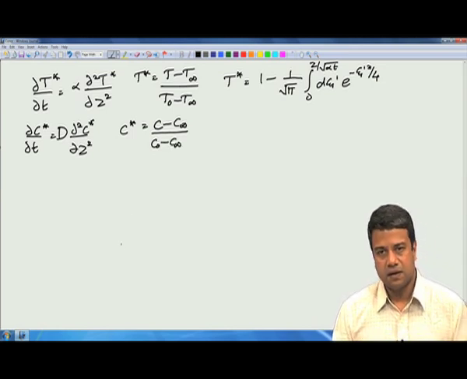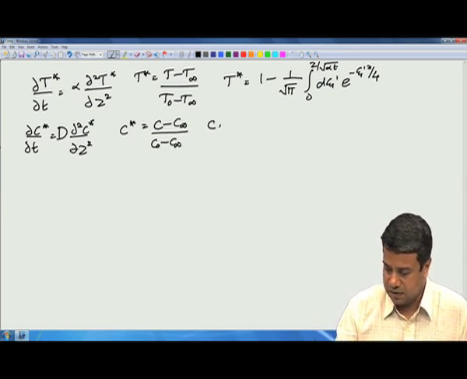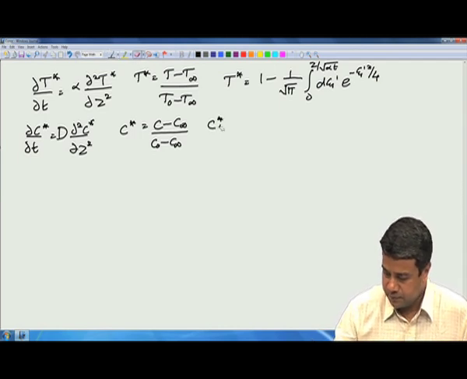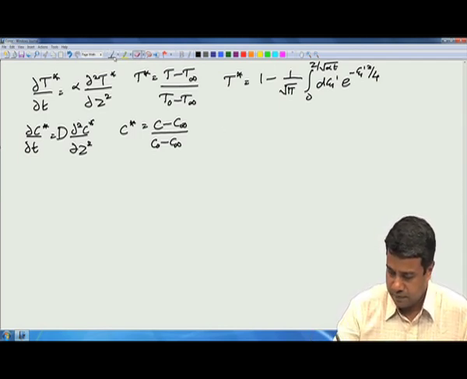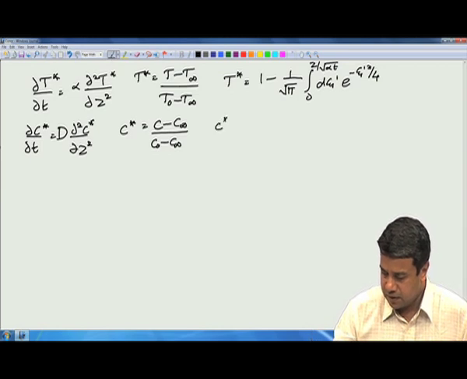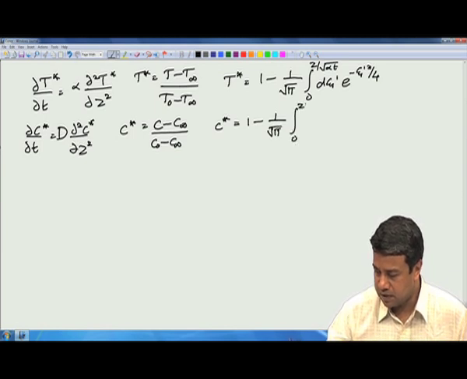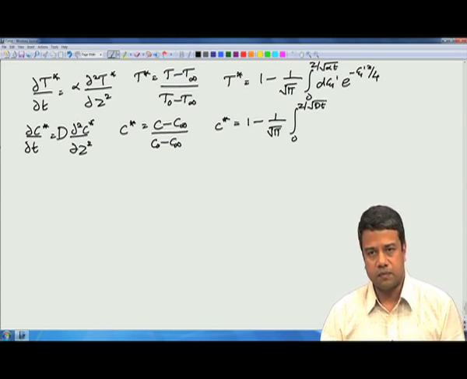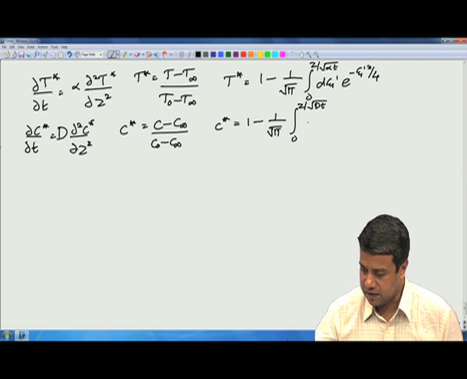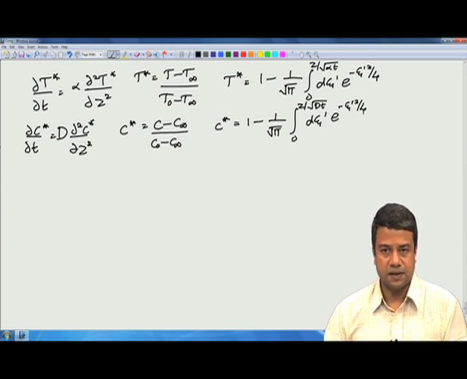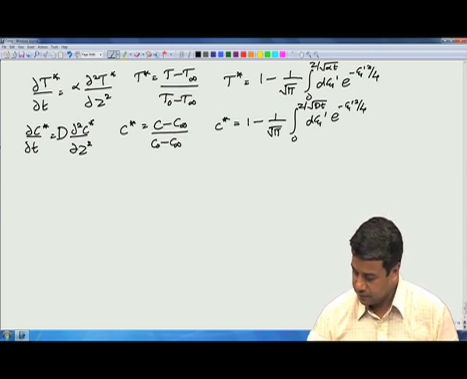If I pose it this way, C star is equal to 1 minus 1 by root pi integral 0 to z by now root D t, I substitute the mass diffusivity for the thermal diffusivity, d psi prime e power minus psi prime square by 4. Exact same solution.